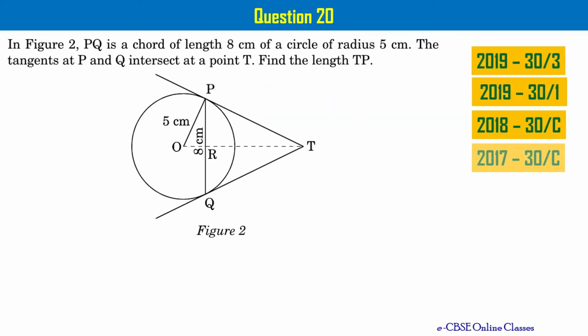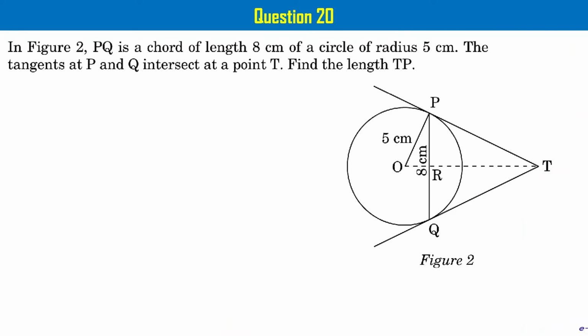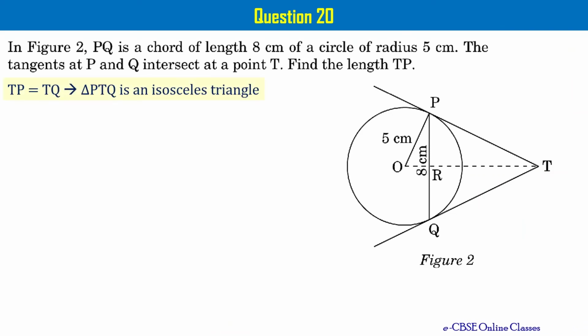In the figure, PQ is a chord of length 8 centimeters of a circle of radius 5 centimeters. The tangents at P and Q intersect at a point T. Find the length of TP. This question has come in 4 sets. Let's try to solve this. As you see here, TP equals TQ because those are the two tangents drawn from external point T to the circle, right?